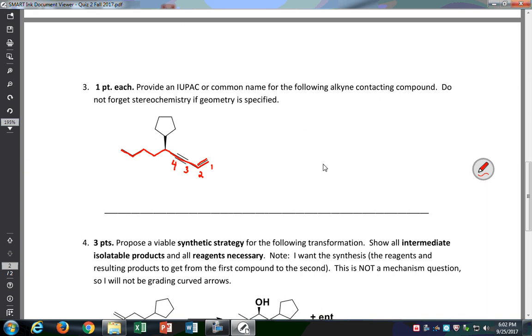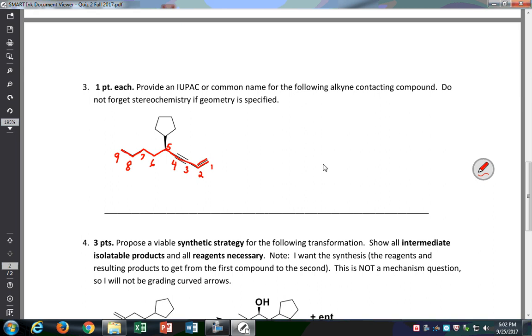Don't skip one of those carbons. Very common mistake. 5, 6, 7, 8, and 9. So we have 2 carbons here at the beginning and the end. A lot of students are skipping one of the carbons, so be careful there. So we have a total of 9.